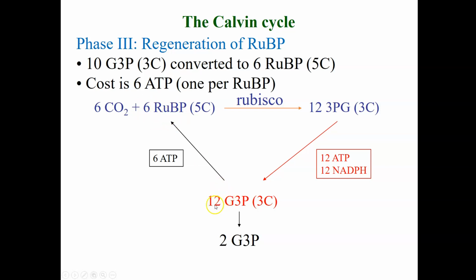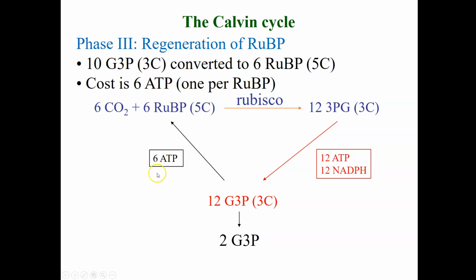So if we took out of the 12, so here we had 36 carbons. We took out 2 of those. That leaves us with 30 carbons. So 12 times 3 is 36. Minus the 6 carbons is going to be 30 carbons. And if you are generating a 5-carbon molecule, 30 divided by 5 is going to be 6. And so we'll be able to regenerate our remaining starting material, the ribulose bisphosphate.